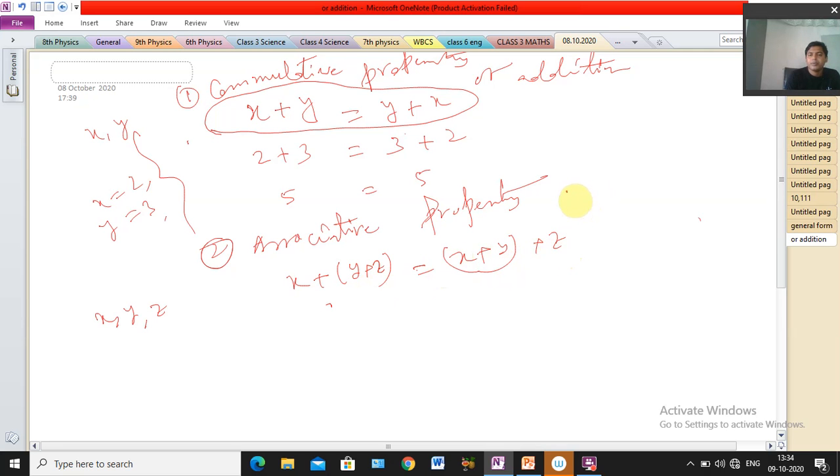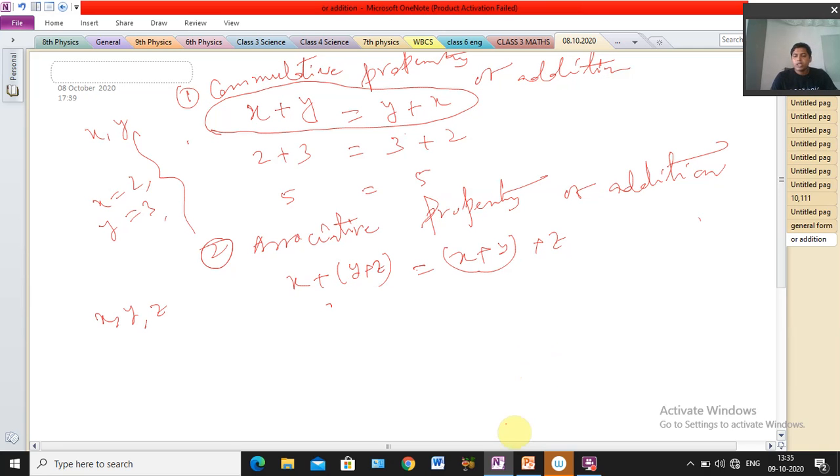This is the associative property of addition. So x plus in bracket y plus z equals x plus y in bracket plus z.